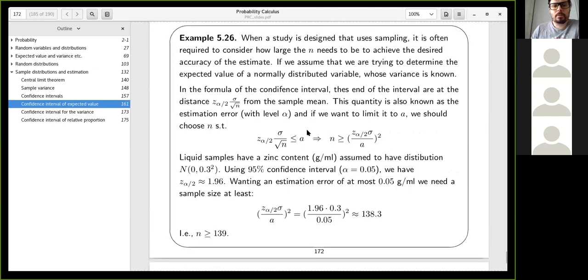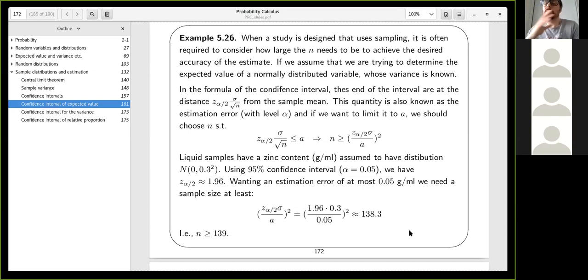Here's another example, one that we might look at a little bit more closely. A study was designed that uses sampling. It's often required to consider how large n needs to be to achieve a certain level of accuracy.